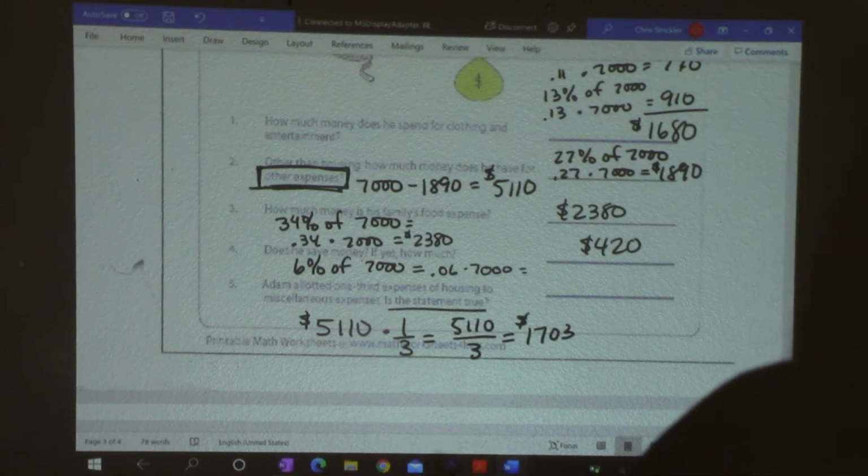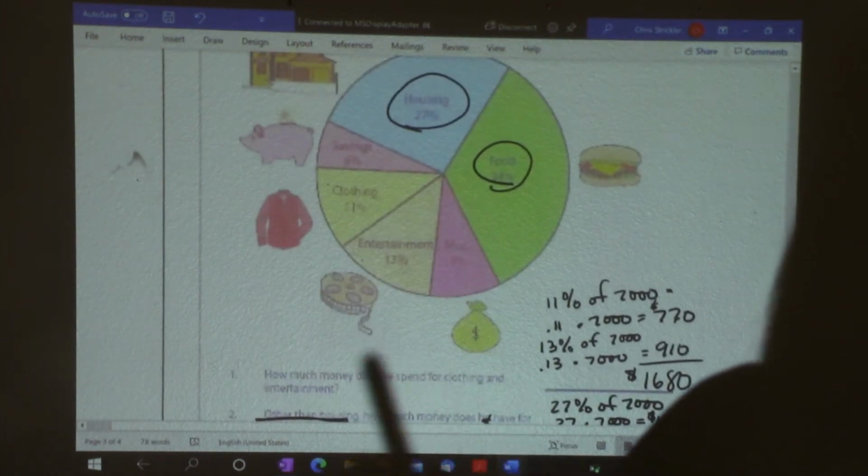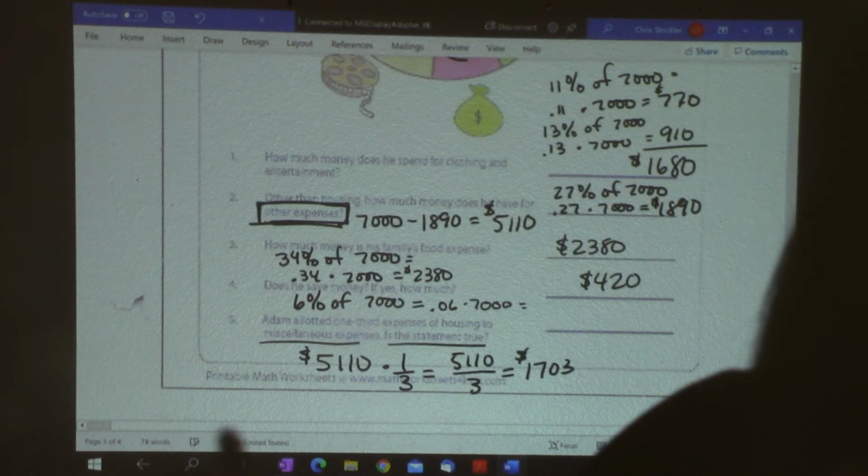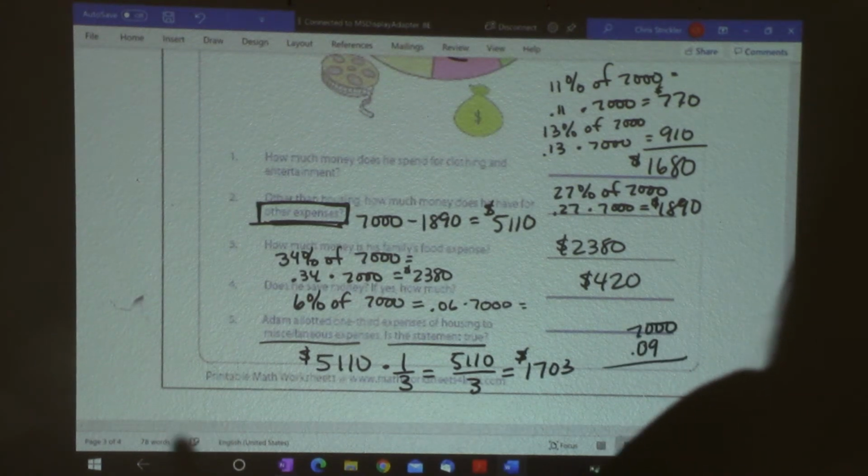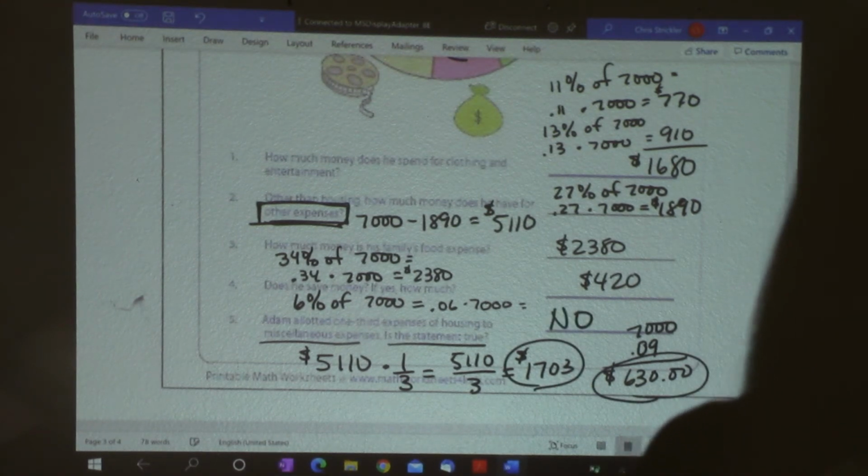Okay, well, I'm comparing that to miscellaneous. So I'm going to go back up here and see miscellaneous is 9%. So what is 9% of 7,000? If you multiply those, you get $6,300. Are these the same? No. So that statement is false.